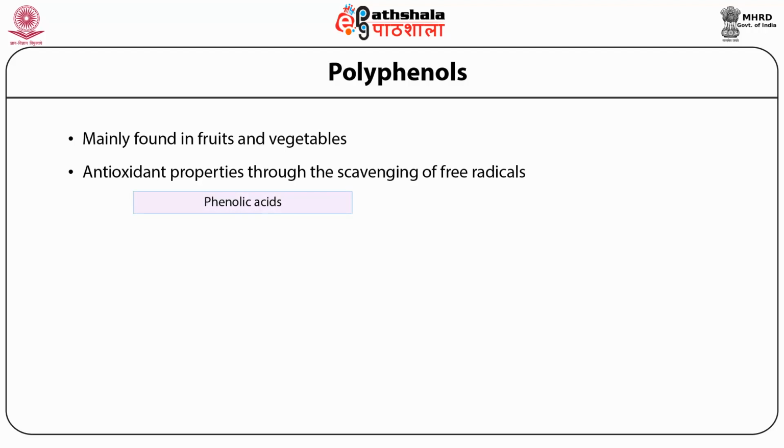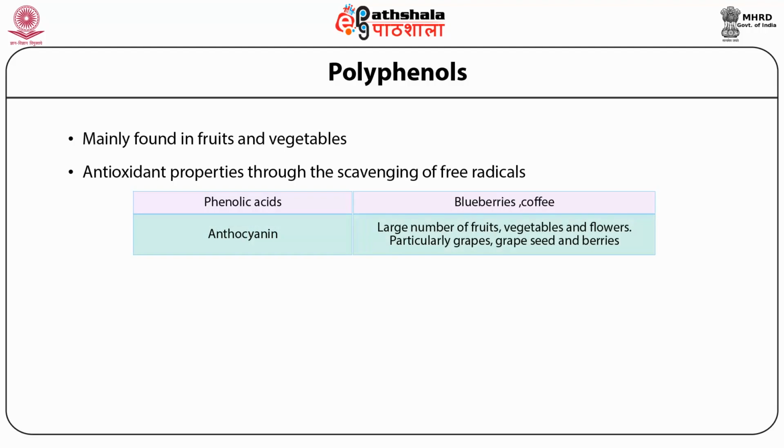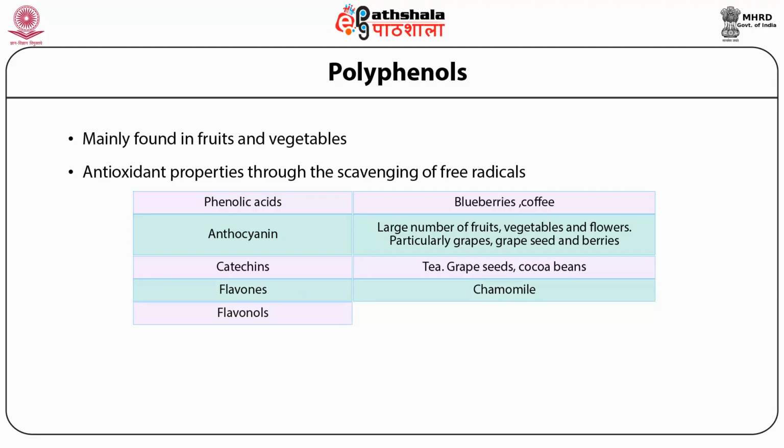Phenolic acids are mainly found in blueberries; like other polyphenols, anthocyanins are found in a large number of fruits and vegetables. Catechin, the important sources of these are tea, grape seeds, and cocoa beans. Flavonols are mainly found in apples, red wine, broccoli and tea.